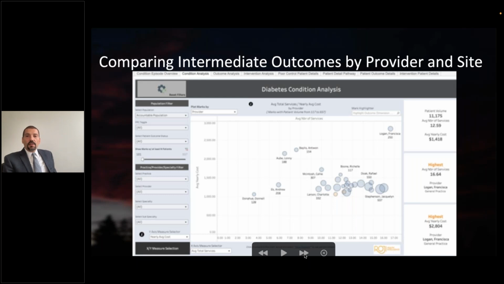It's not going to be necessarily the person who has more of a concierge practice compared to the community practice. You're going to need to know not just who the providers are, but you can start asking the question of why. Why is treatment varying? Why are patient intermediate outcomes varying? There may be a very good reason that has nothing to do with the provider's quality. It may just be support.